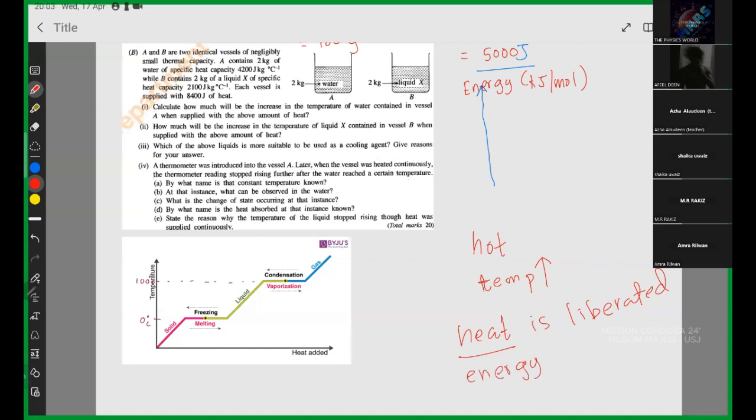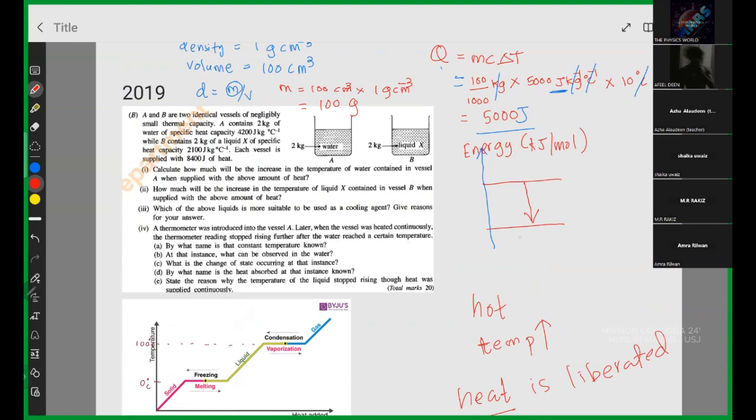So you can understand that the reactant is having high energy. The reactant is giving energy out in the form of heat, and that becomes the product finally. So remember, they are giving out heat now. When they give out heat, the reactant has high energy that would give off heat.